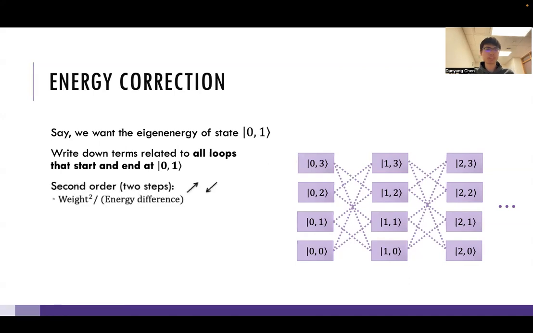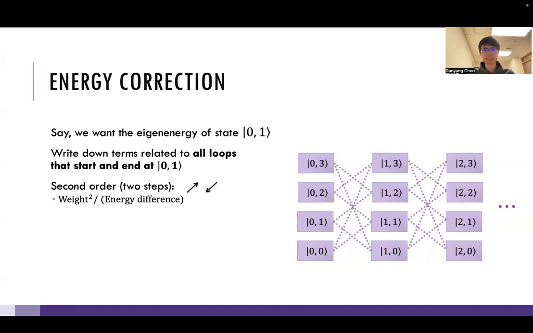For example, if we consider the second order, which is a loop consisting of 2 steps, this one is a possible loop, and that one is also a possible loop. The terms related to those loops are simply the weight of the link squared divided by the energy difference between the connected states.